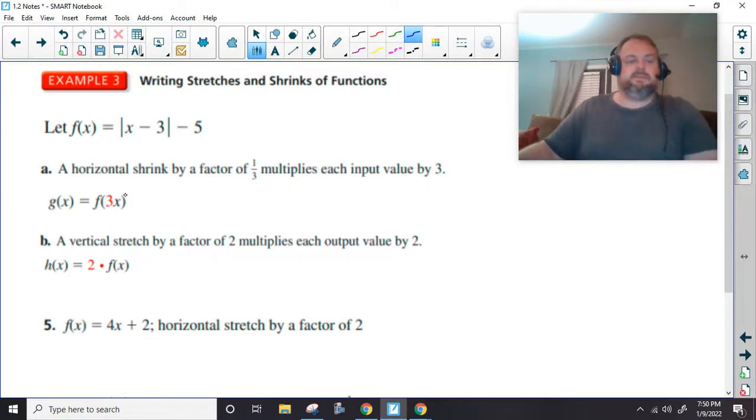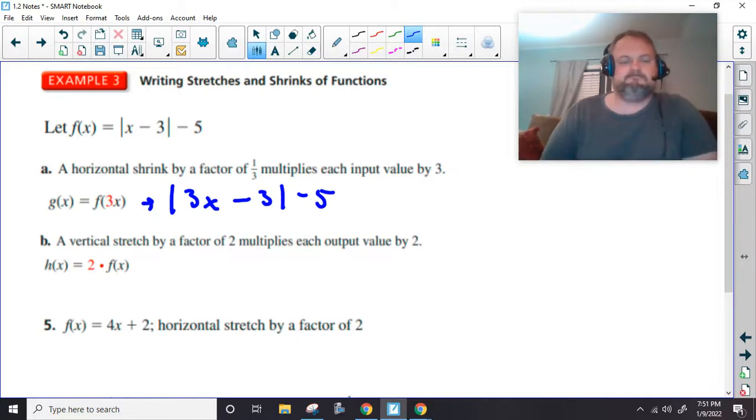So basically, we're going to multiply all this times 3. Yeah, it's the opposite. It multiplies the input value. So now we have absolute value 3x minus 3 less than 5. Okay, I'm not too sure about that one. I may have to go back and fix that one. I'm not a big fan of the horizontal shrink.